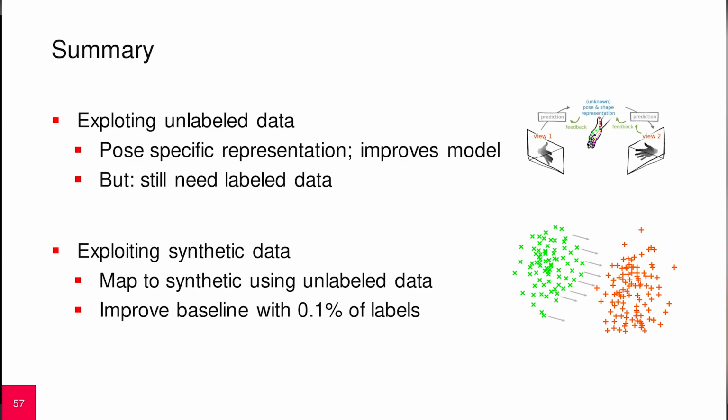And in this case, we could improve on the baseline with only 0.1% of the labeled real samples, which was used by the baseline or by the other works, by the state of the art at that time.